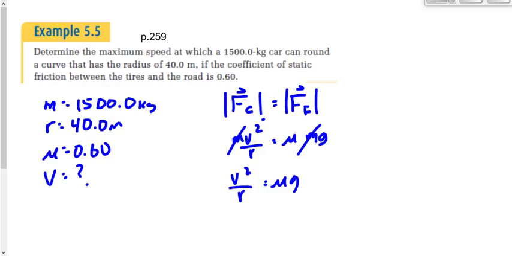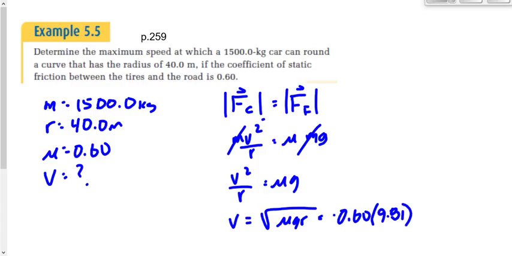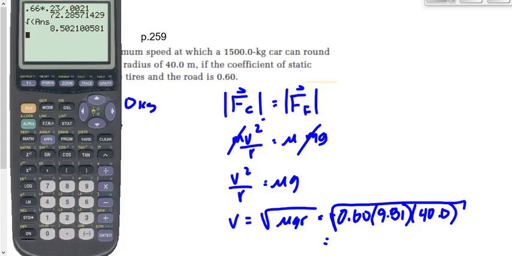Okay, solve for v here now. All we're going to do is take the r up by multiplying and then square root. We get the square root of mu times g times r. Square root of 0.60 times 9.81 times 40 gives, let's see, 0.6 times 9.81 times 40 equals, square root that, and we get 15 meters per second.